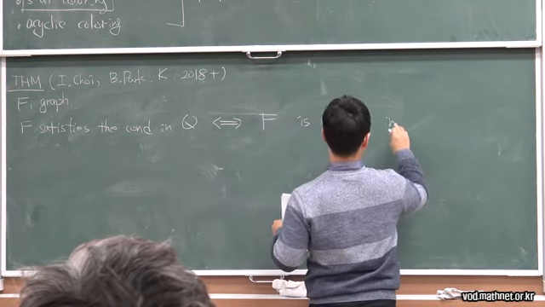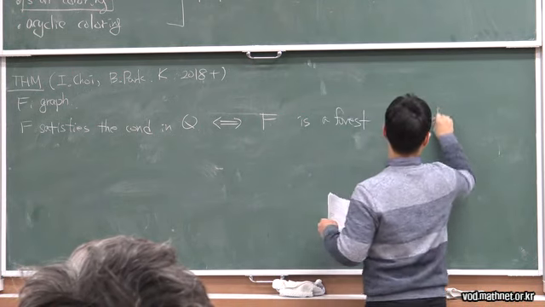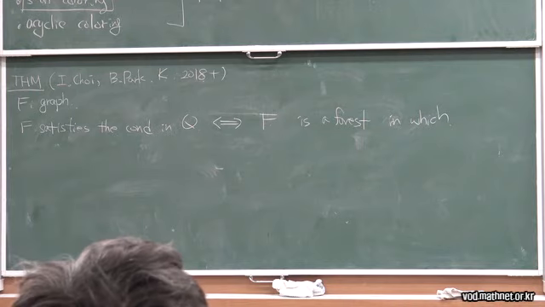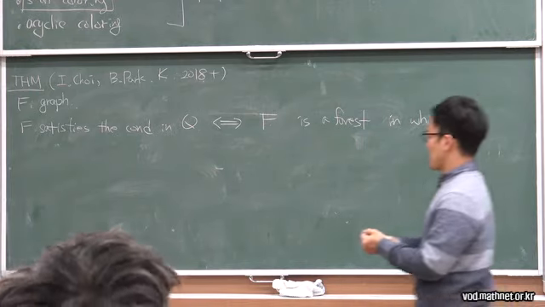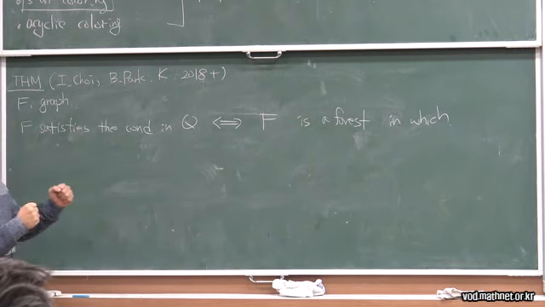It's a little bit long: F is a forest in which we look at just large degree vertices and check the distance between them.